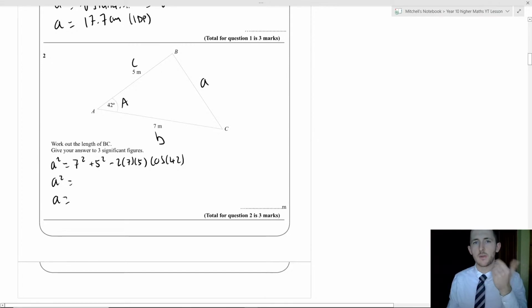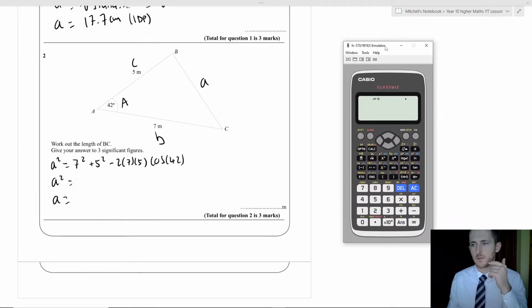If I were actually doing this question, I'll do 7 squared plus 5 squared minus 2, bracket 7, close bracket, open bracket 5, close bracket, cos 42, right? I'll press equals, and I wouldn't write that down. I'll just do square root answer equals, done. And it says to give it to 3 significant figures, so that's 4.69.